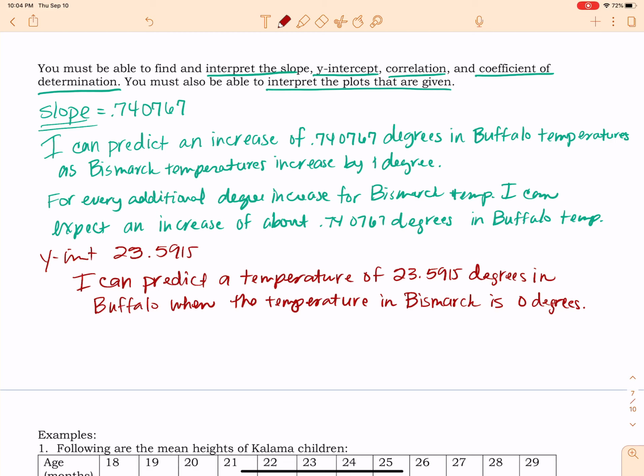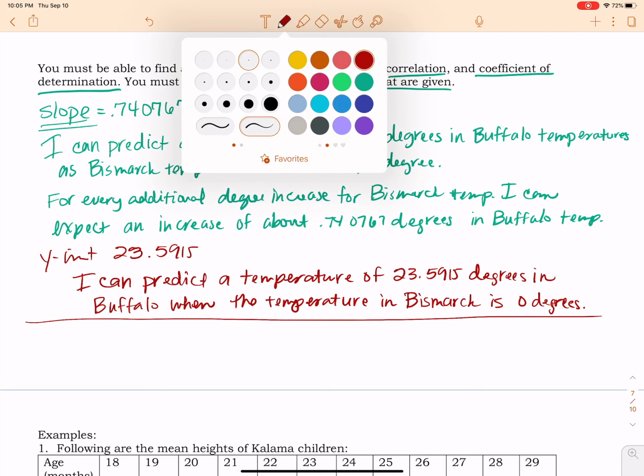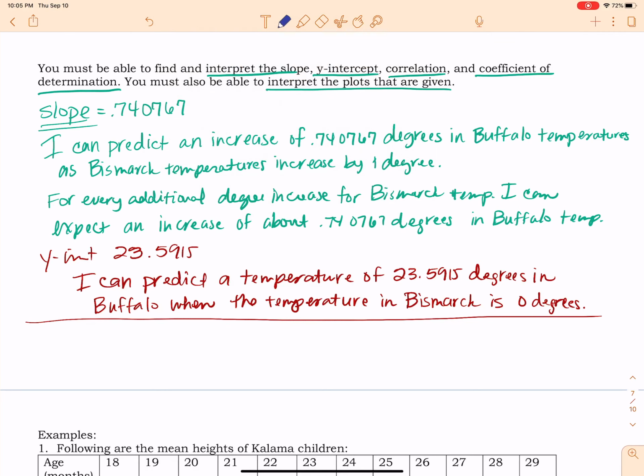Okay, correlation. What is correlation going to look like? All right, what color haven't we used now? Okay, so correlation. The correlation coefficient is 0.995. It's R. What does this mean? It means there is a strong, it's close to 1, positive, my slope is positive, okay?